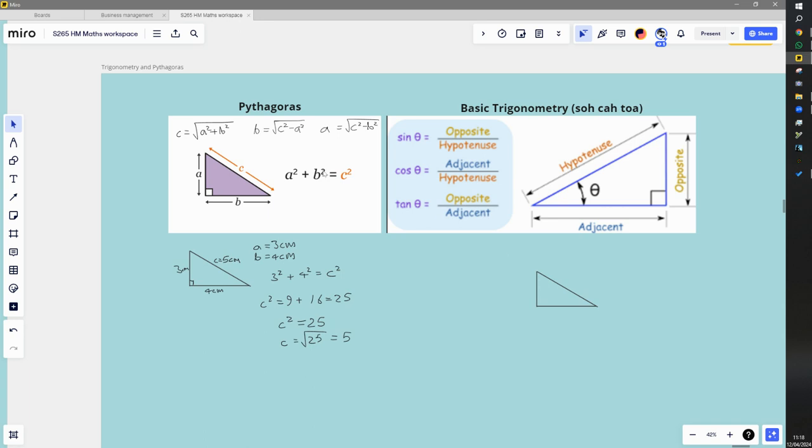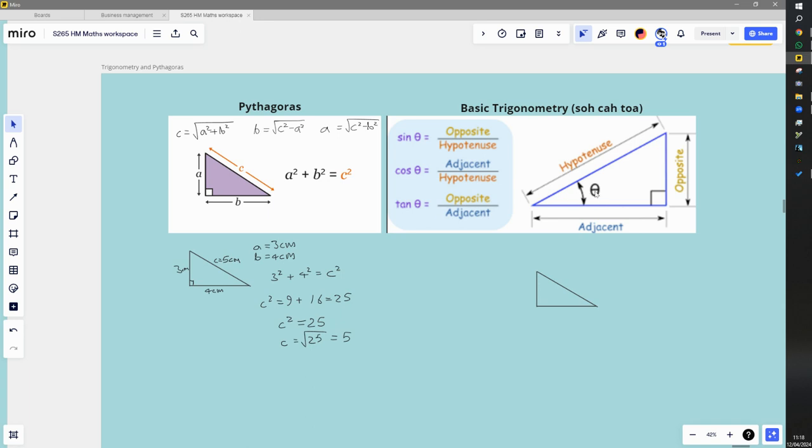I will actually explain now why we would use one rather than the other. If we look at Pythagoras, we're looking at the lengths of the sides of the triangle, whereas when we look at basic trigonometry, SOHCAHTOA, we're involved in the lengths of the triangle, but we're also involved in the angle.